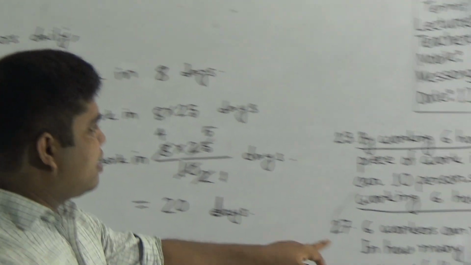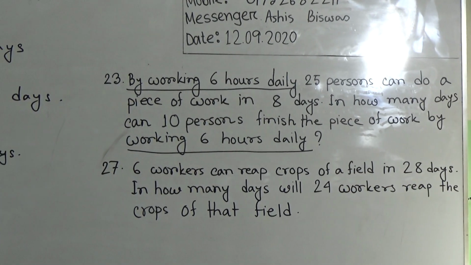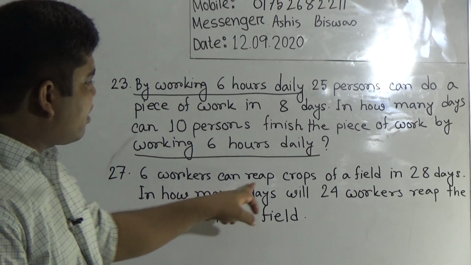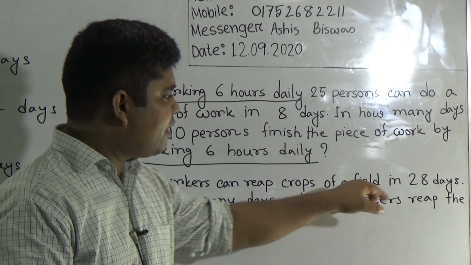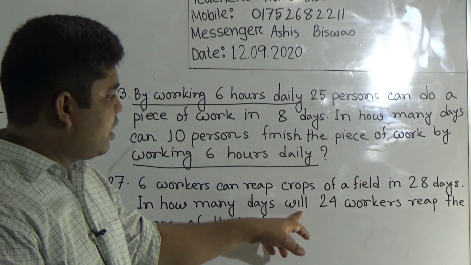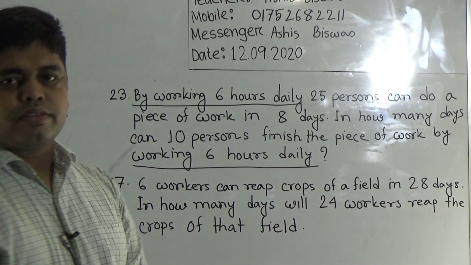It is so easy, just like 23. We use the unitary method here. So first we read the question. 6 workers can reap the crops of a field in 28 days. In how many days will 24 workers reap the crops of that field?